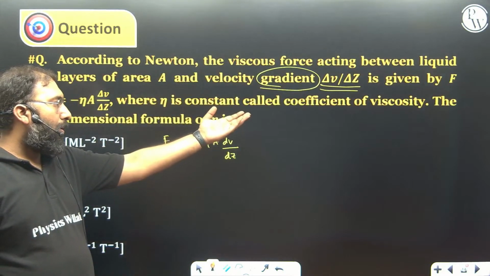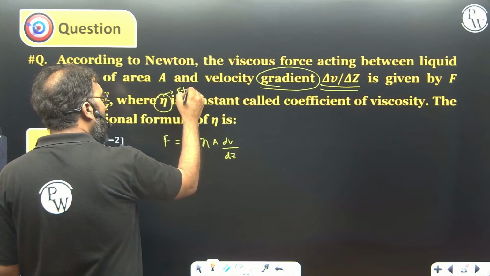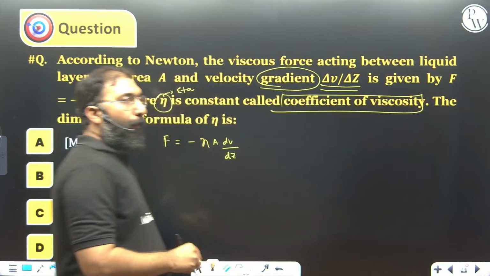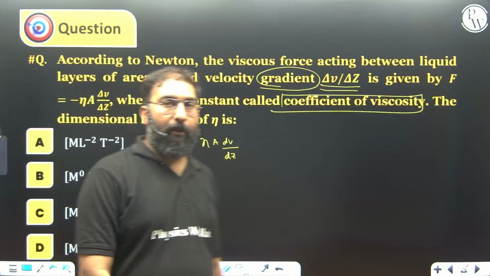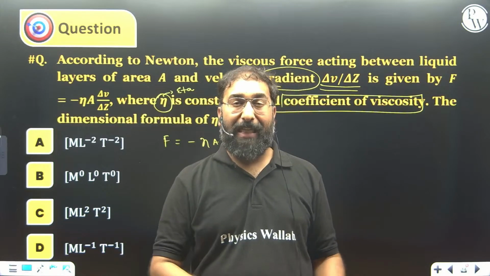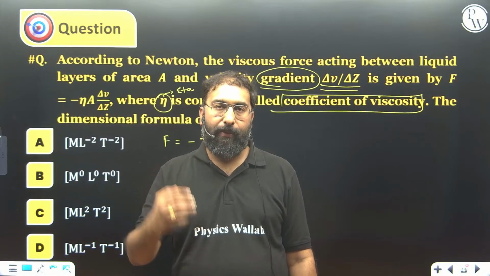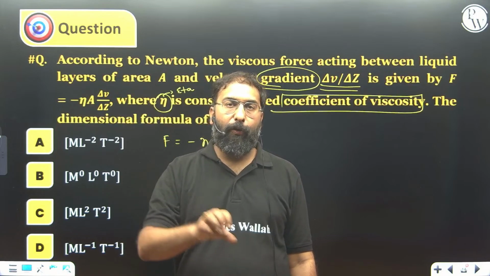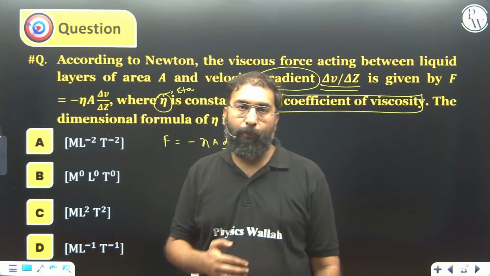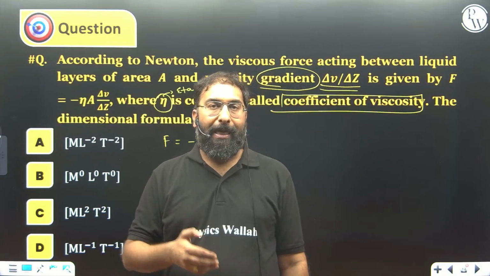Eta is a constant, known as the coefficient of viscosity. When we talk about different types of fluids, some fluids flow very easily, some are very difficult to flow, just like jam or honey. They don't have fluidity. Fluidity is very less, so they are thick fluids, more viscous, whereas water has higher fluidity and lesser viscosity.